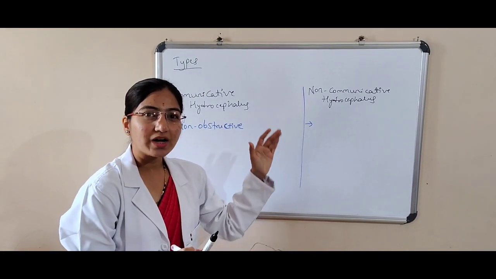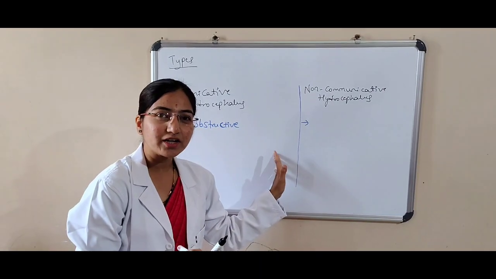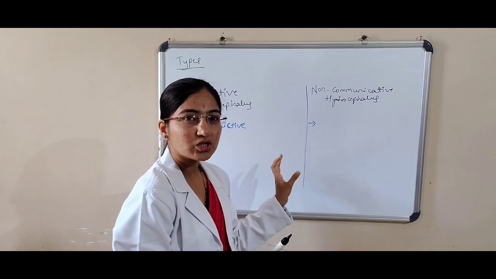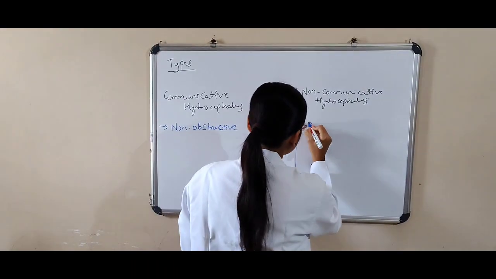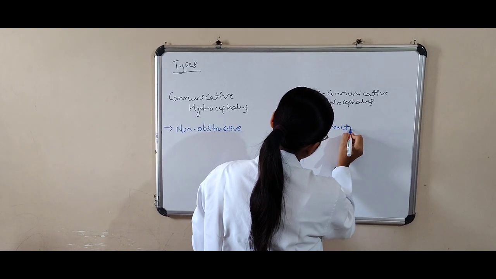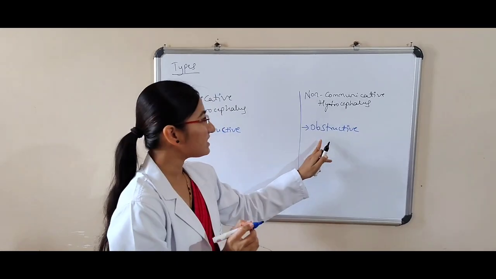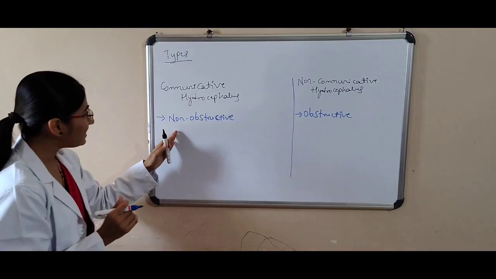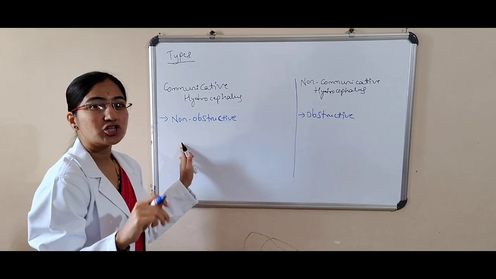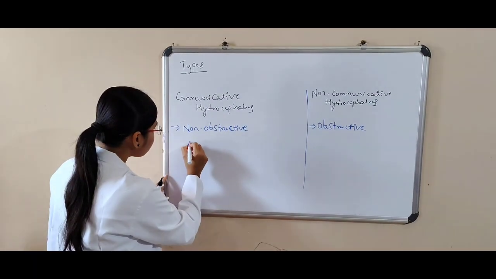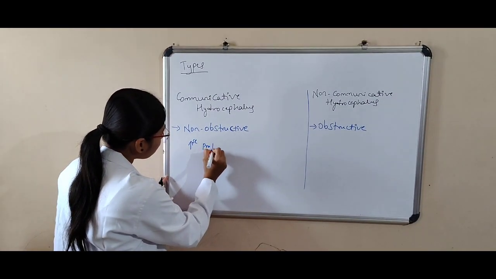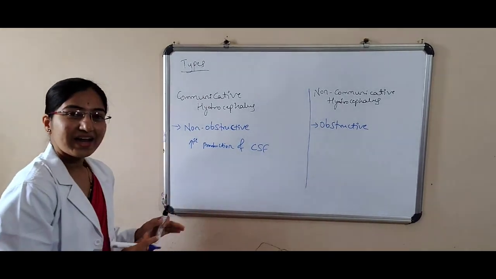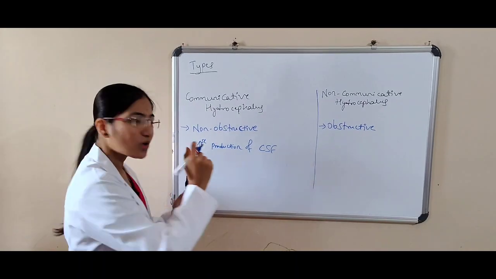In non-communicative hydrocephalus, CSF can't move from one ventricle to the other through the aqueduct and then foramina. Why? Because obstruction is there. Non-communicative means obstructive. Here there will be increased production of CSF and decreased absorption of CSF.